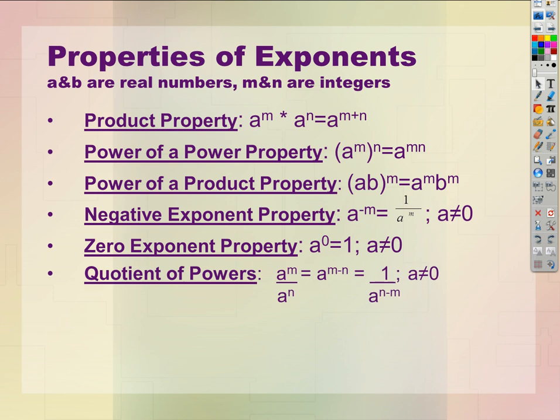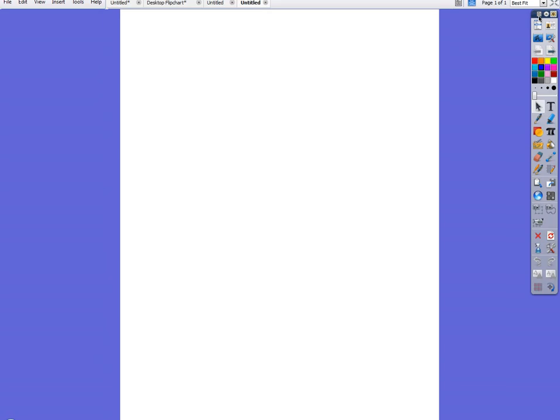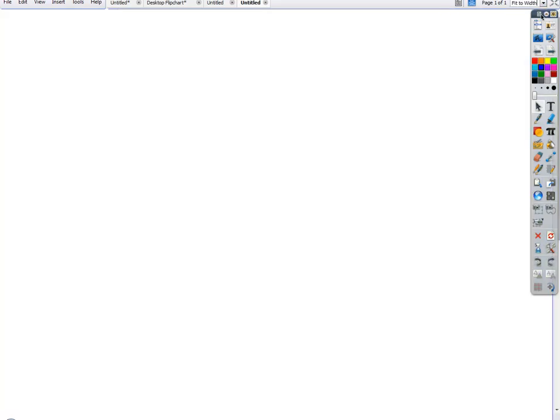Okay, and then the last big one is the quotient of powers property. Now this one I do in a way that is different, but you're going to like it a lot better than the way the book does it, because it'll save you some steps in doing algebra with these. So let's take this guy. I'm just writing the same thing down again.